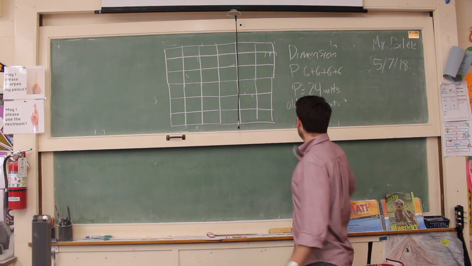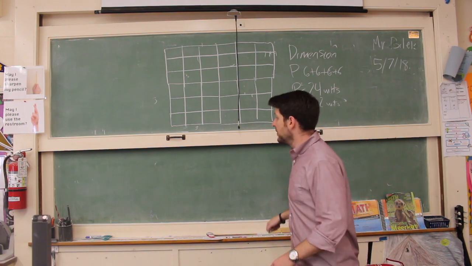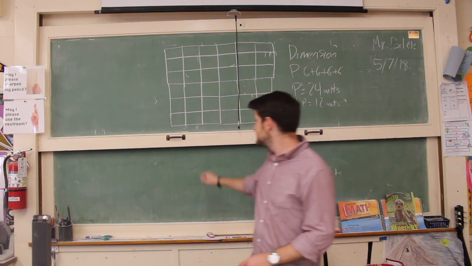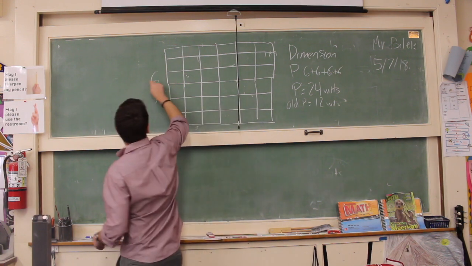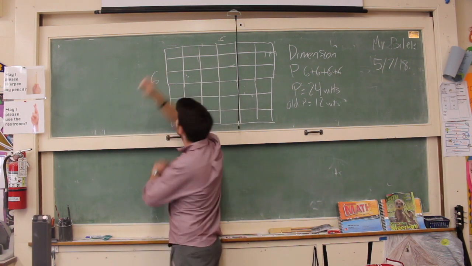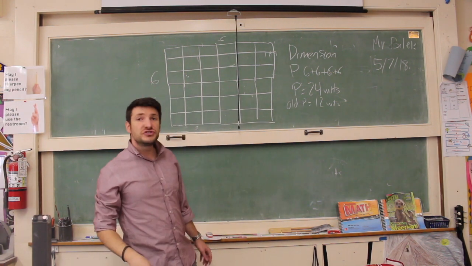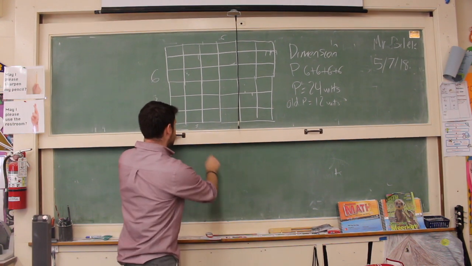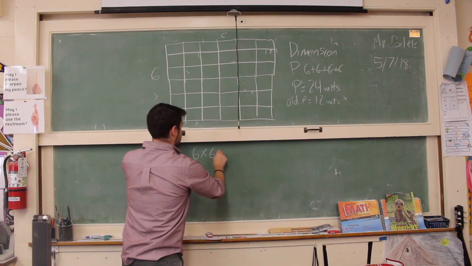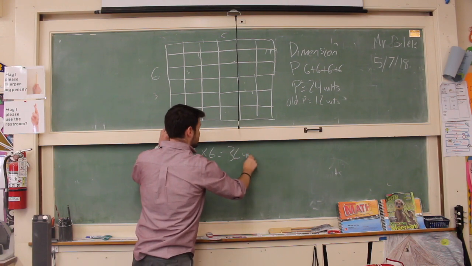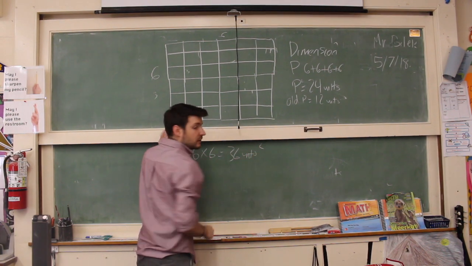Now, area is going to be 6 times 6. This side is 6, and that side is 6. So, 6 times 6 is 36 units squared.